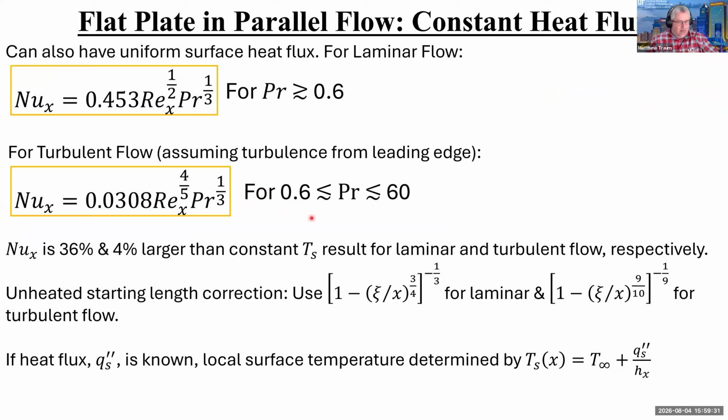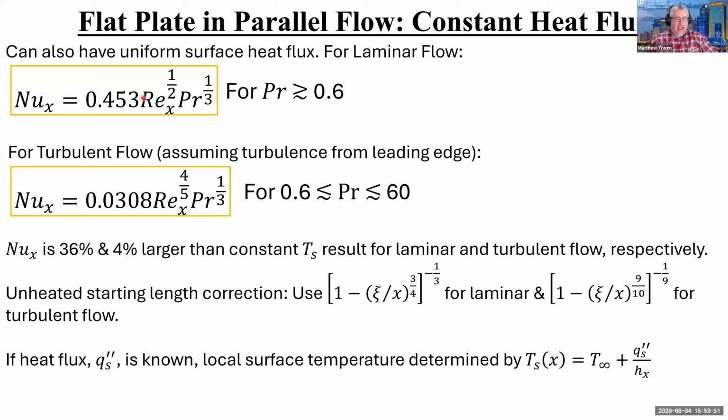The takeaway message here is that the local Nusselt number is 30% bigger for laminar flow and only 4% bigger for turbulent flow than for the constant temperature correlations, respectively.